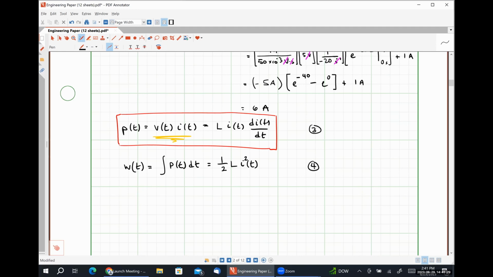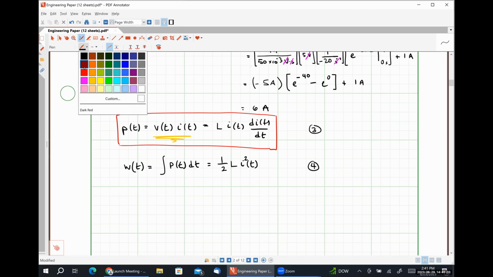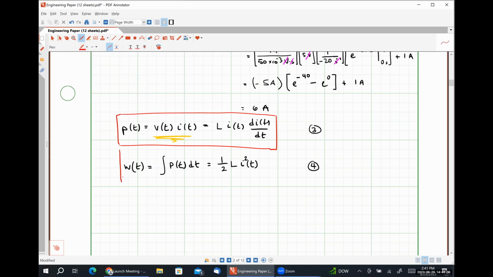So since power can be expressed only in terms of current, it should make sense that energy can also be expressed only in terms of current. And so this equation also tells us that effectively, anytime there is current flowing through an inductor, there is some amount of energy being stored.